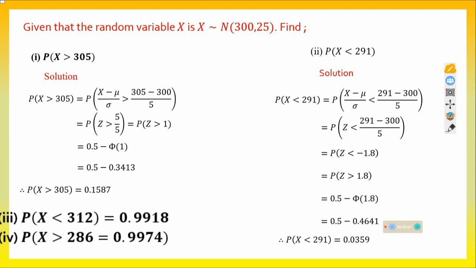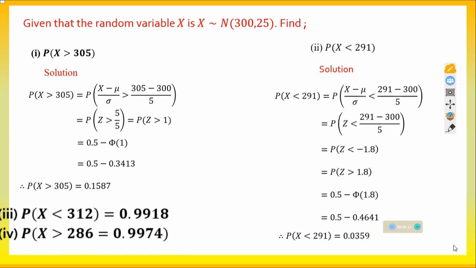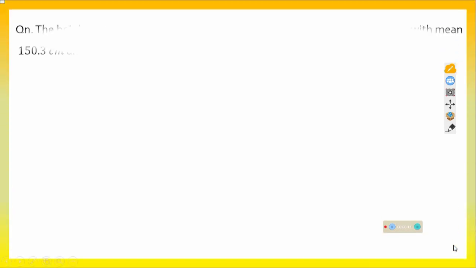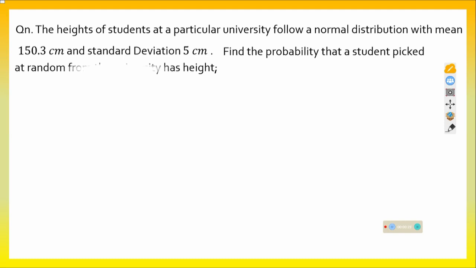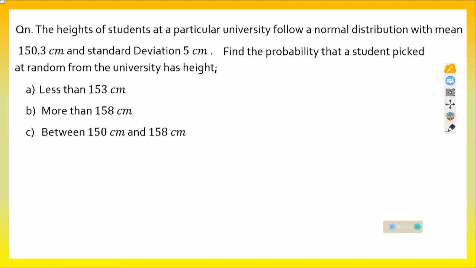So our next example, we are told that the heights of students at a particular university follow a normal distribution with mean 150.3 centimeters and standard deviation 5 centimeters. We need to find the probability that a student picked at random from the university has height which is less than 153, more than 158, and between 150 and 158.